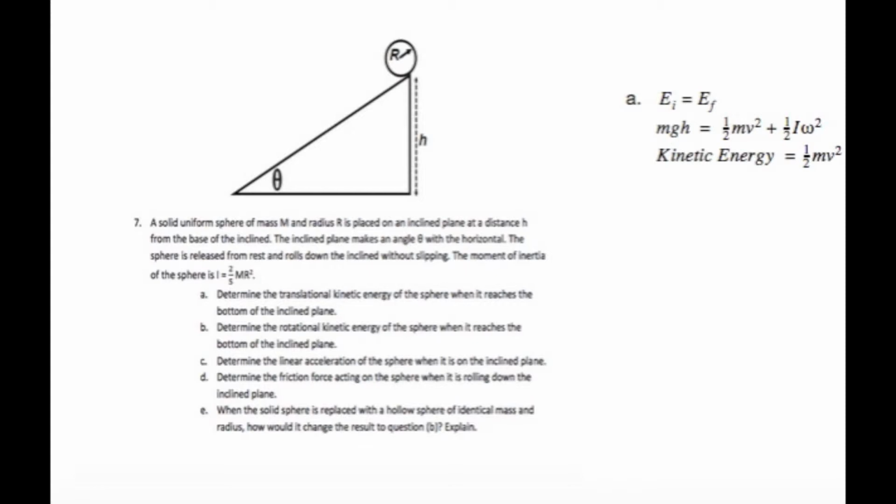At the end, when it reaches the bottom, it has two types of energies: linear kinetic energy and rotational kinetic energy. The linear is 1/2 mv squared, and the rotational is 1/2 I omega squared. This problem wants us to find the linear, so we can say that that equals 1/2 mv squared, and we're going to now solve for that.